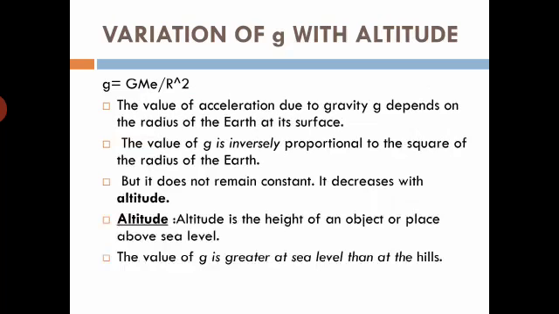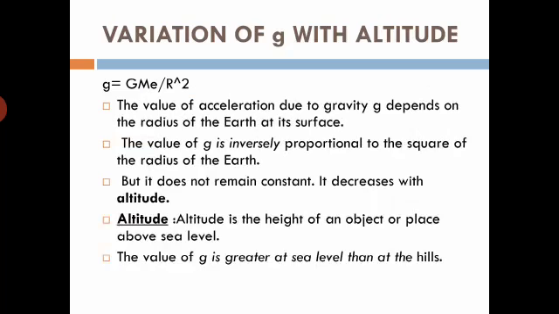Variation of g with the altitude. We know that g is the gravitational acceleration and its value decreases when we go up. At the sea level, the value of g is at the maximum position.